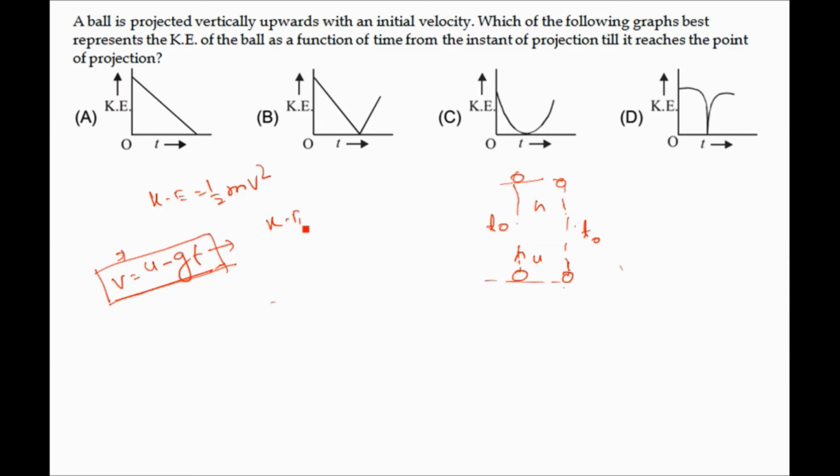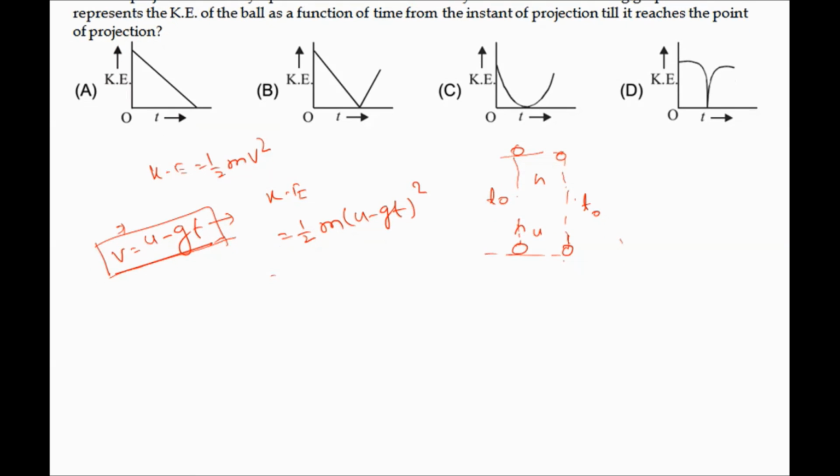So kinetic energy is equal to half mv square. If I put the value of v, then it is 1 by 2 m into u minus gt whole square. So basically it's a parabola. This graph is represented in terms of a parabola, so the option will straight away be C. So the answer will be C.